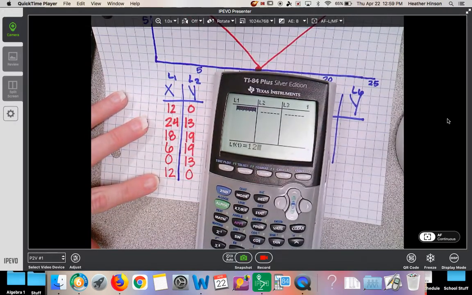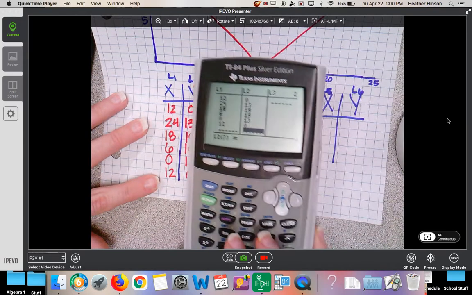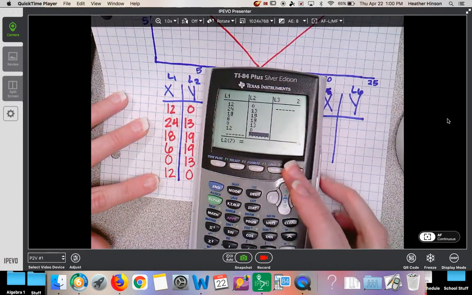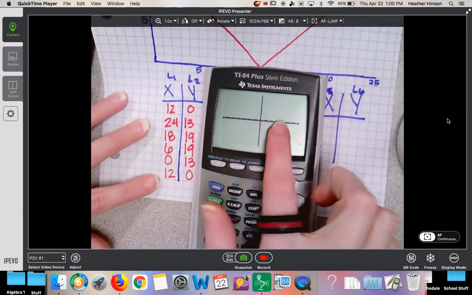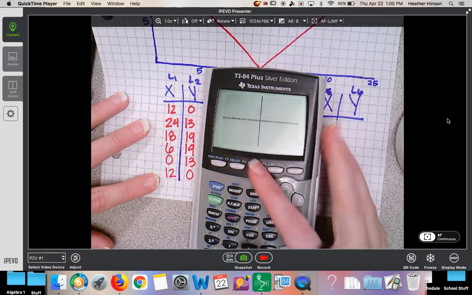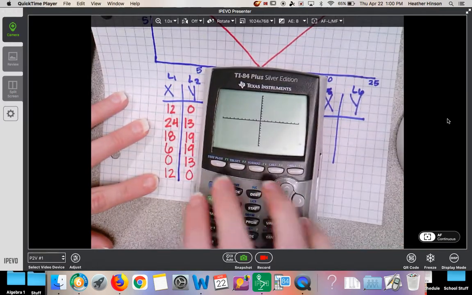So I've got 12, 24, 18, 6, 0, 12. L2, I got 0, 13, 19, 19, 13, 0. In order to see this on my graph, make sure there's nothing in there. I'm not going to see anything if I just hit graph because this is in stat.